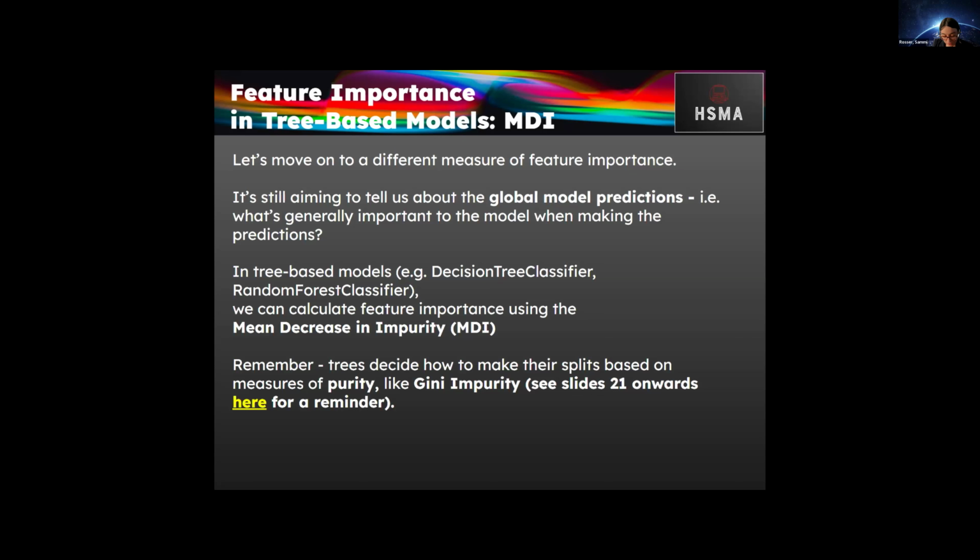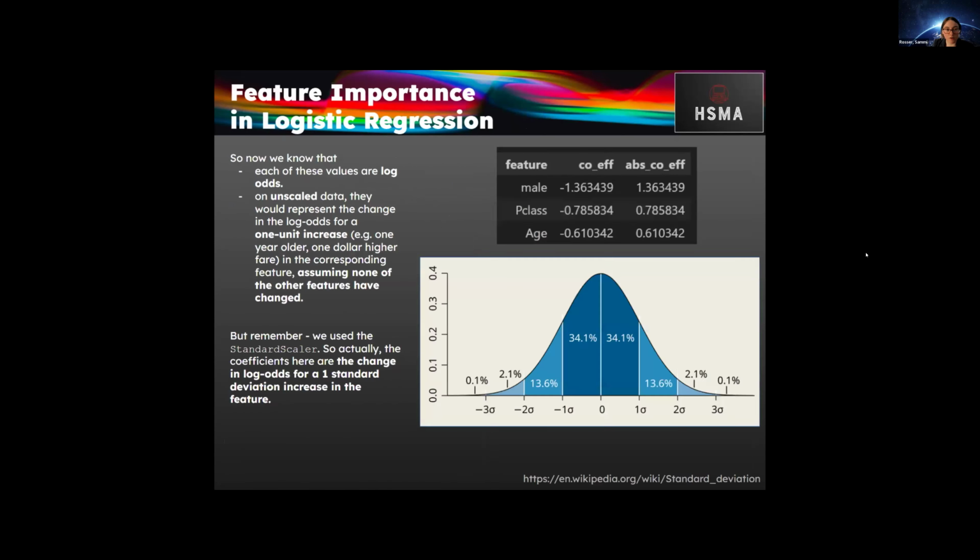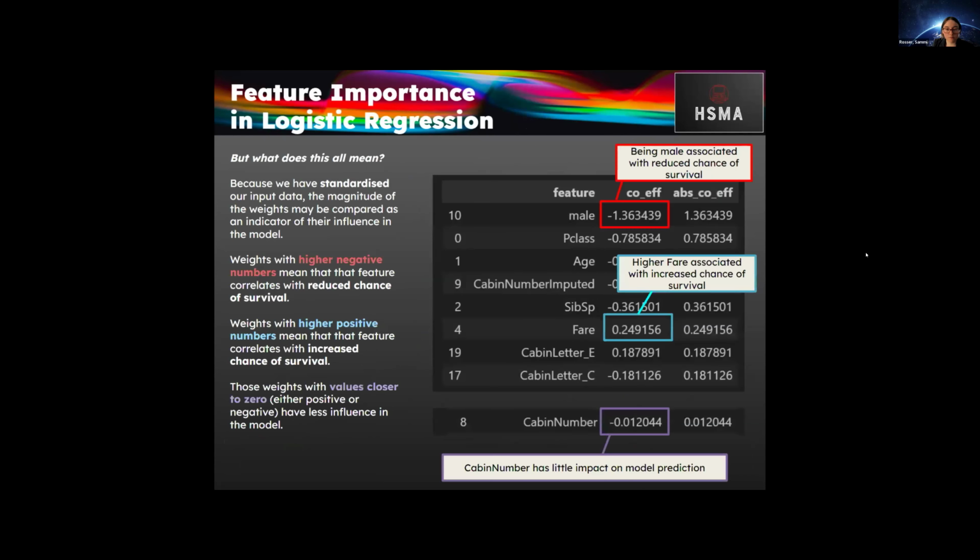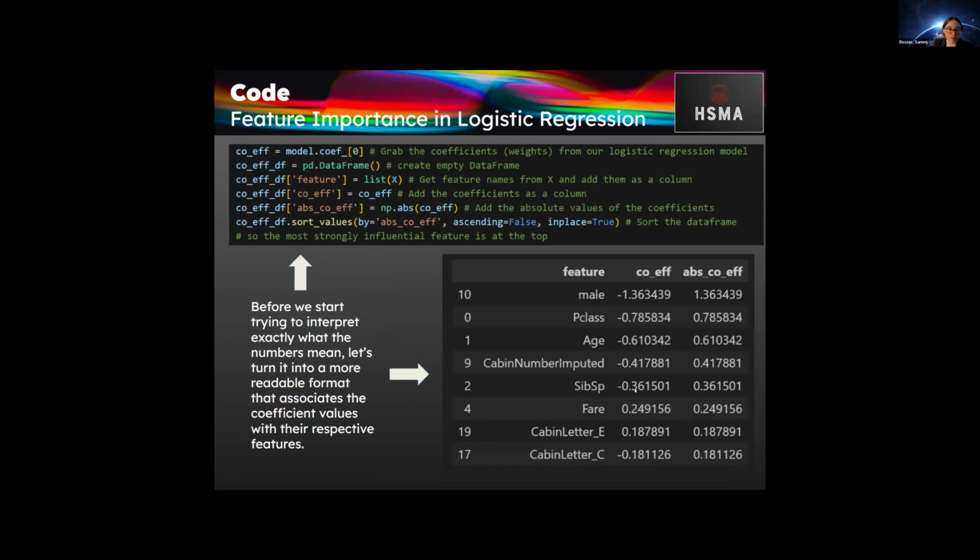That is using list X on the array of data. If I jump back to where we were for that one. Here we are. So using list X to get the feature names from X and add them as a column. I think this may actually be because this is something like a named NumPy array, not a data frame.